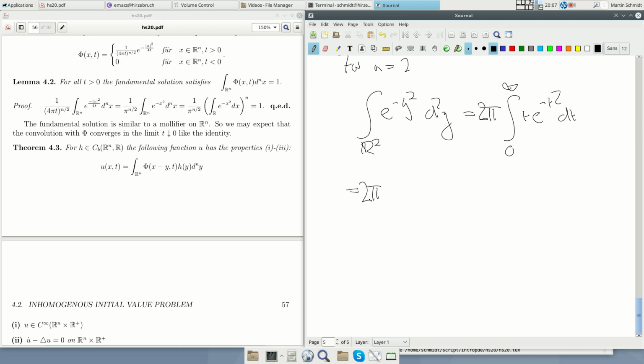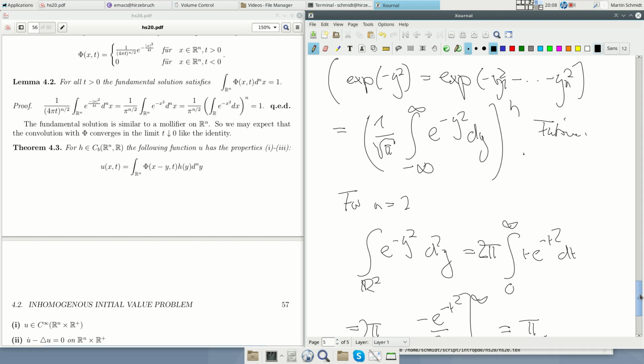So this is 2 pi, and now the antiderivative is minus e to the minus r squared over 2. Because then the inner derivative is minus 2r, divided by 2 gives the right factor. Now from 0 to infinity, and so this gives pi.